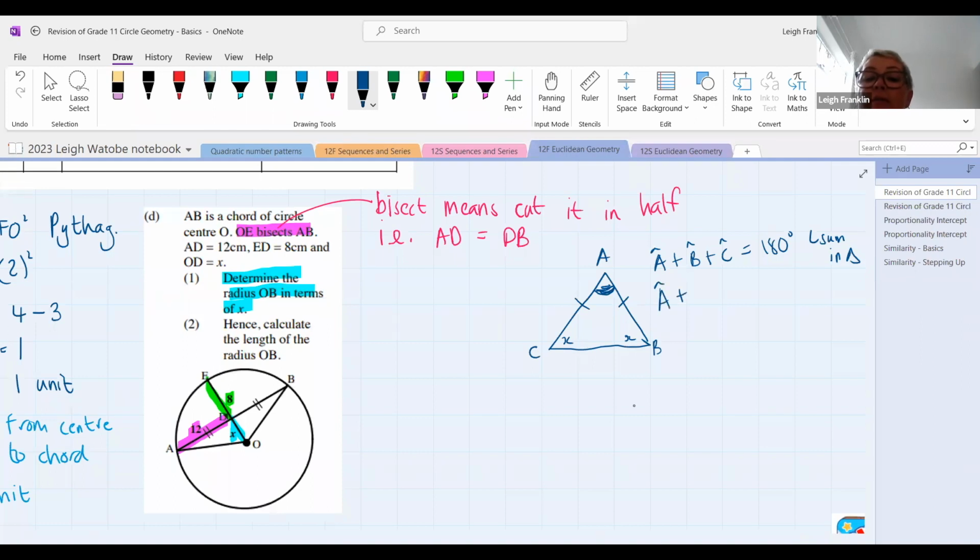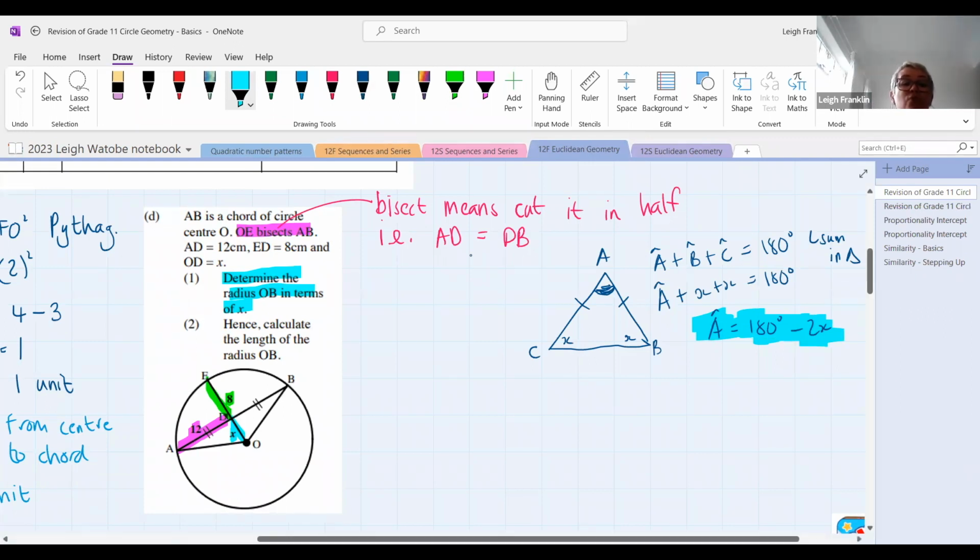I know that B and C are both X. So now I can take those X's over to the other side. So A is going to be equal to 180 minus 2X. That's what we mean when we say in terms of X. So I have written A here in terms of X. Okay, that's what the question in number one means.